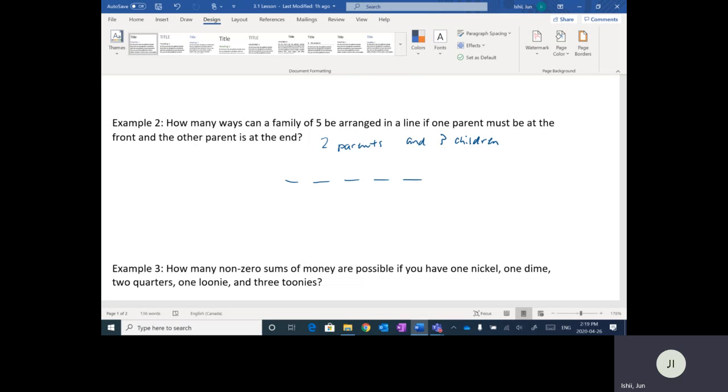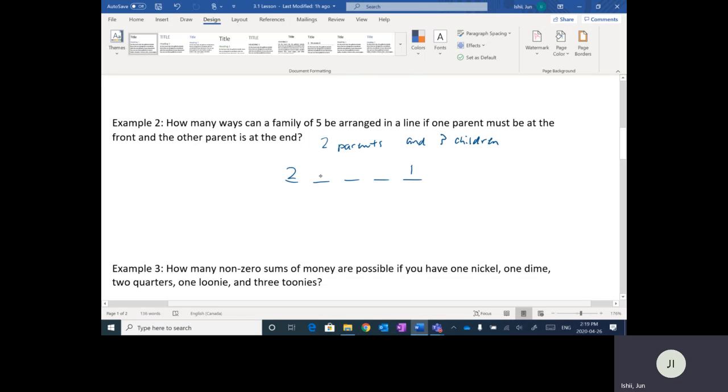The thing here is that one parent must be at the front and the other at the end. So at the front, we don't actually have 5 options, we only have 2 options. It's going to be one of the 2 parents. And then at the end of the line, if one parent is at the front, the other parent goes there, so we only have 1 option for the end.